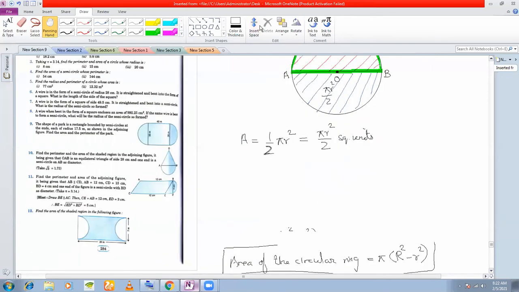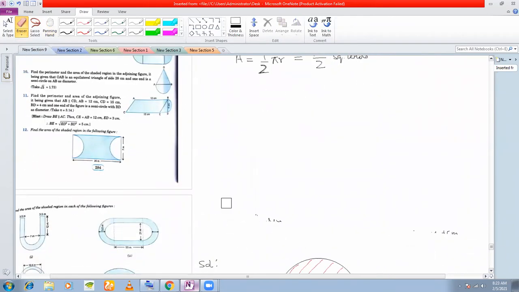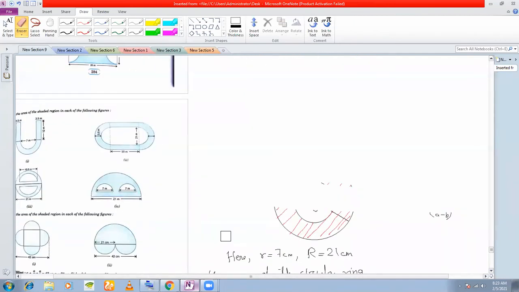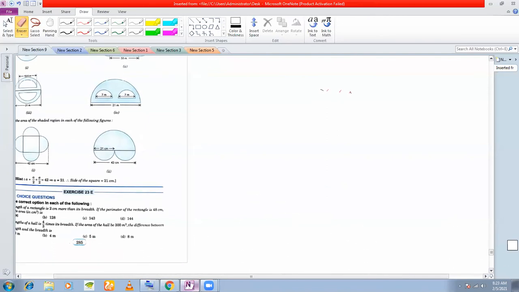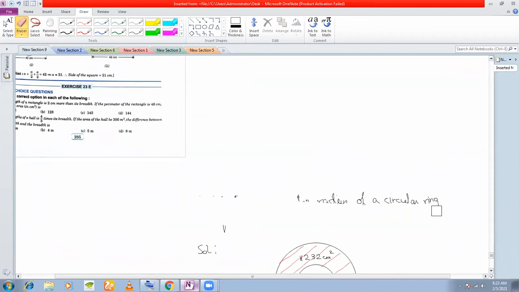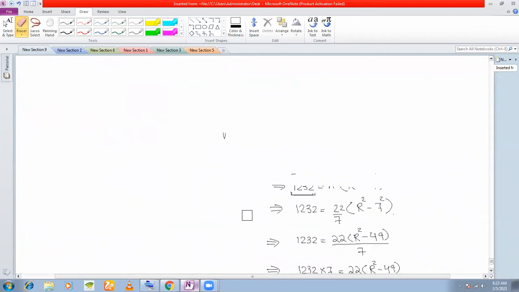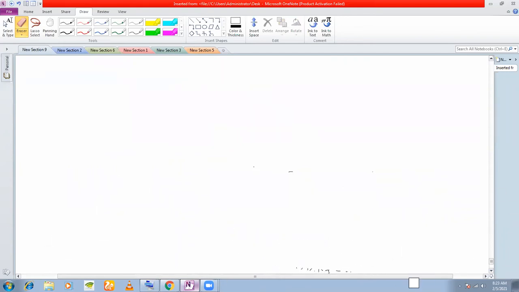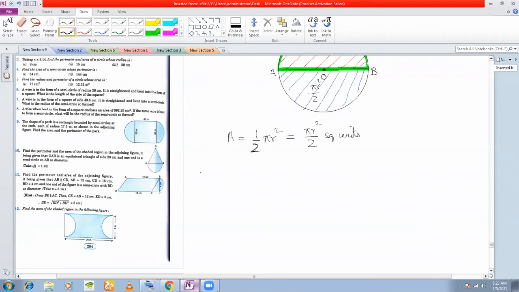Next, we come to the part where we'll see what is the length of the arc, the semicircular arc. Next part is the length of a semicircular arc.